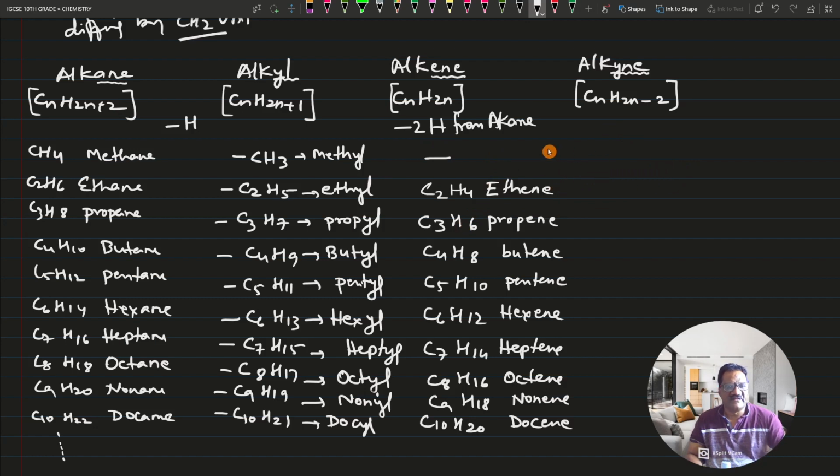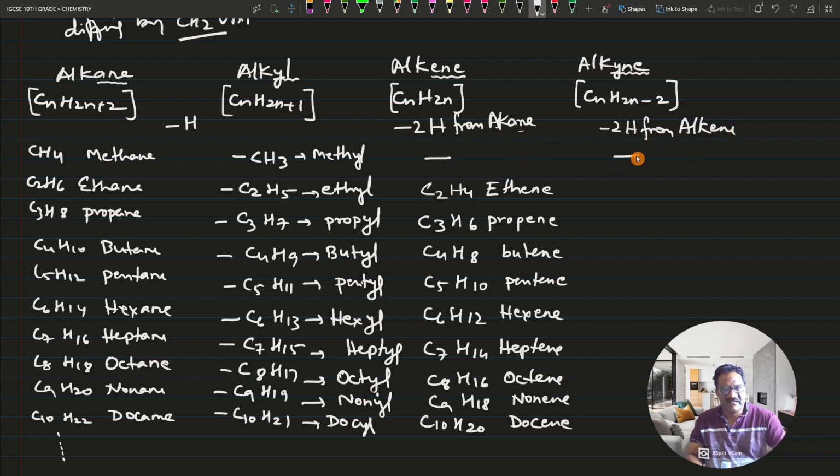From alkene, if you remove 2 hydrogen. This was removing 2 hydrogen from alkane; now you have to remove 2 hydrogen from alkene. Then you will get the corresponding alkyne.